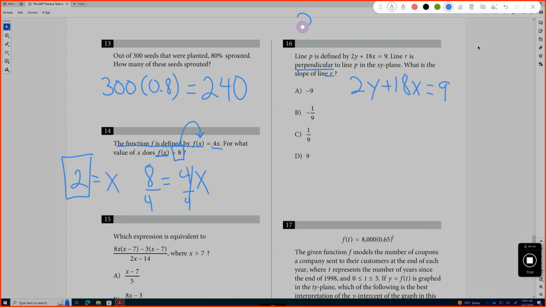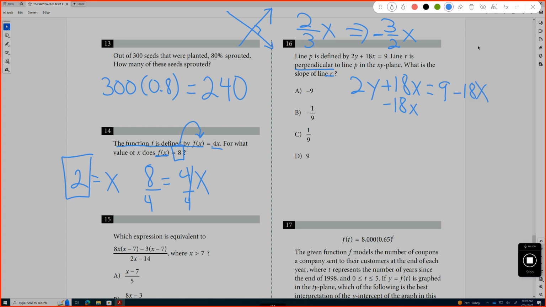So, if you have 2/3 x as a slope, a perpendicular line will be, we have to flip the fraction, so like 3/2, and we also have to change the sign. Because perpendicular lines have to go, one has to be positive, the other one has to be negative to be perpendicular lines like that. So let's find out the value of the slope here by solving for y.